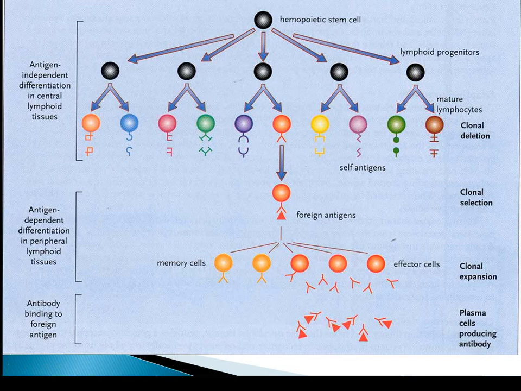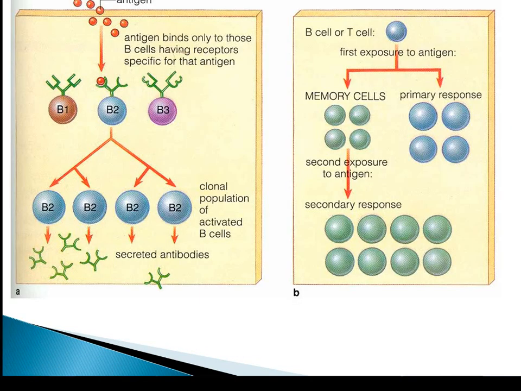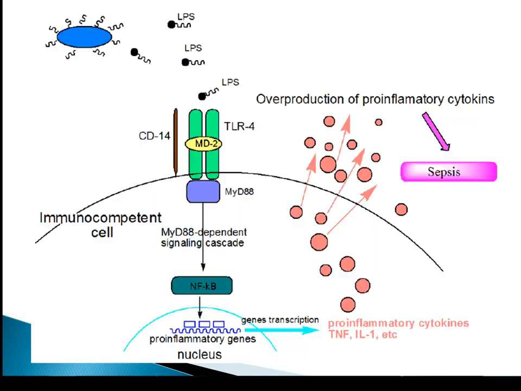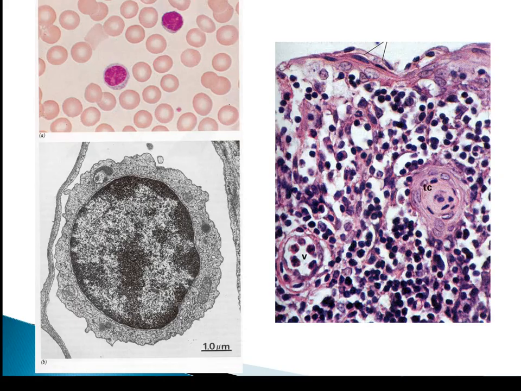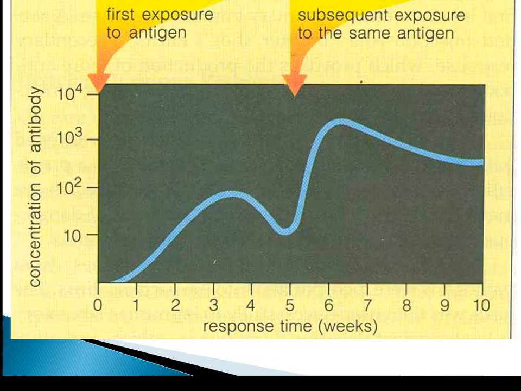And so in the adaptive immune response, the first exposure to antigen and the second exposure are different in the immunological response. After the first exposure, the immunological response is not so fast, it lasts some time, but during the subsequent exposure, this secondary immune response begins rapidly and is much more intense than the primary response.